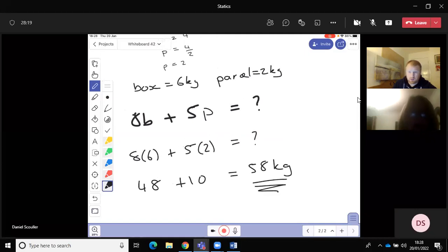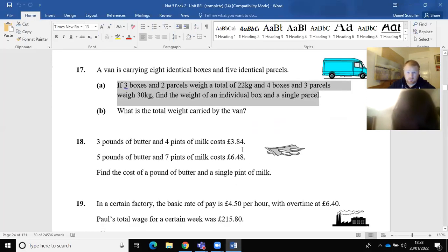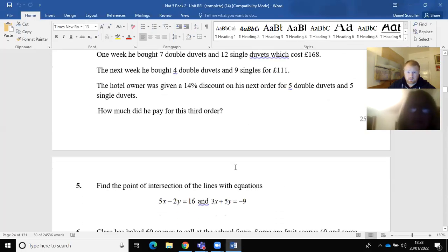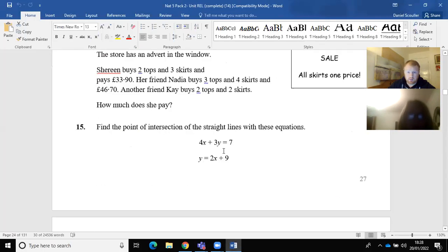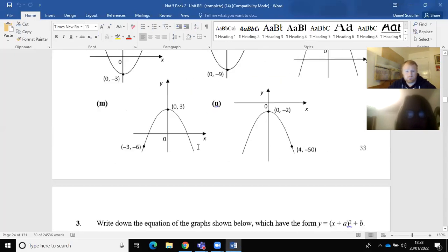I got as far as 48 and 10, but I wasn't sure whether that was actually right. I multiplied it by the 8 identical boxes and the 5 identical parcels, but I wasn't sure whether that was right or not. I did work all the other ones and got them right. Let's have a wee look. So is that not what it shows at the end? I didn't even look at the end.